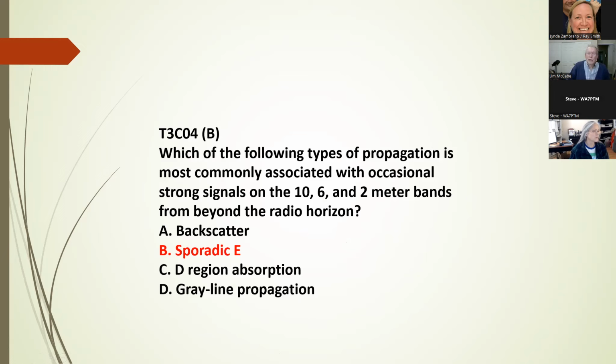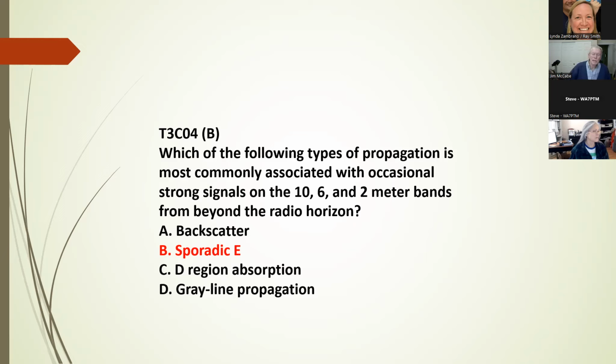Which types of propagation is common? Which of the following types is most commonly associated with occasional strong signals on the 10 meter, 6 meter, and 2 meter bands from beyond the radio horizon?